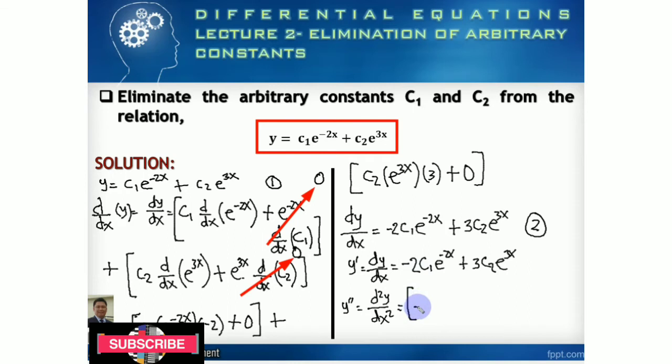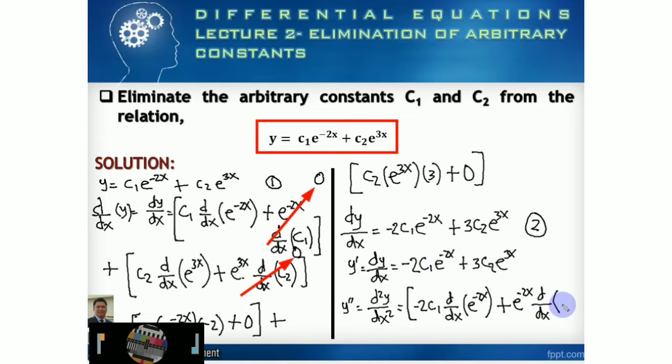So first we have this negative 2c1 times the derivative of d over dx of this variable e to the power of negative 2x, okay, plus this e to the negative 2x times the derivative of this negative 2c1, okay, and this is now our first term here. So we are not done with this derivative of the second term.